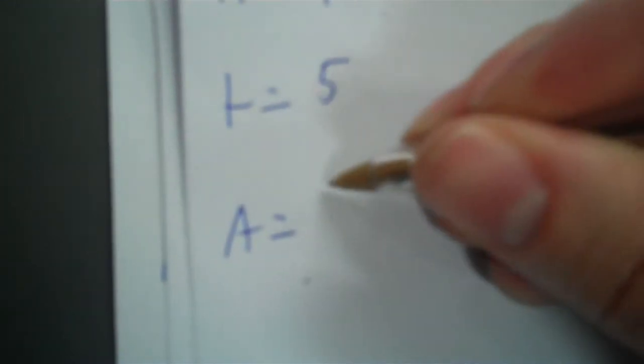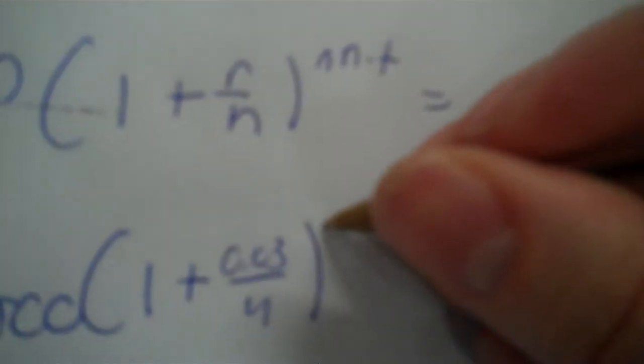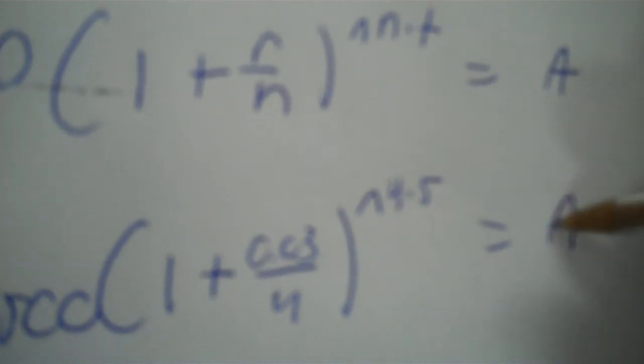They told you that was 5, so that leaves the A as the unknown value. That's good. A is easy. P, 2,500. r, 0.03. And then n, 4. n times t, so it's going to be 4 times 5 equals A.